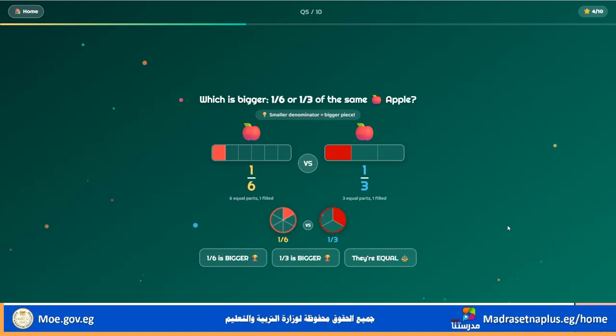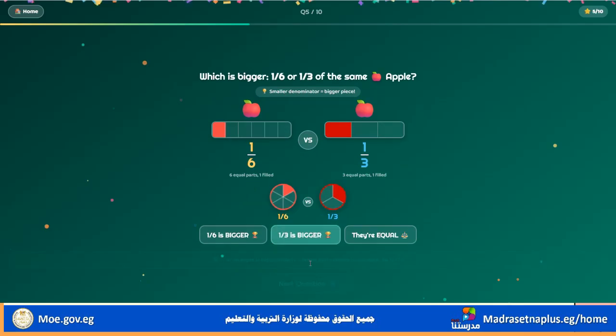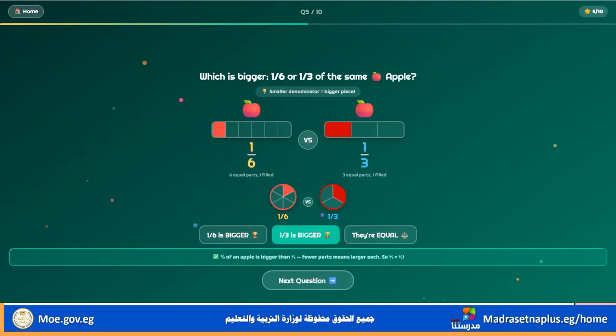Because 1/3 is bigger than 1/6. Inside the circle, inside the bars, this is 1/6. 1/6 is smaller. I need a bigger bar, so I'll get 1/3. Yes, 1/3 is bigger.